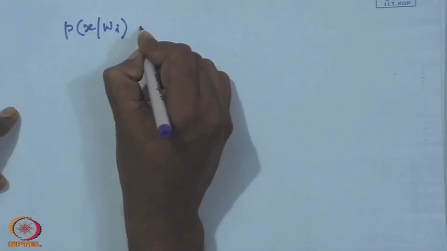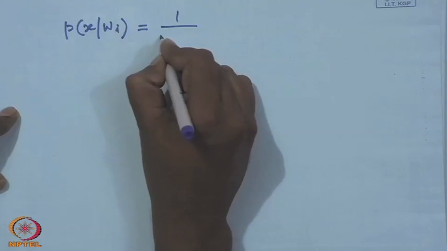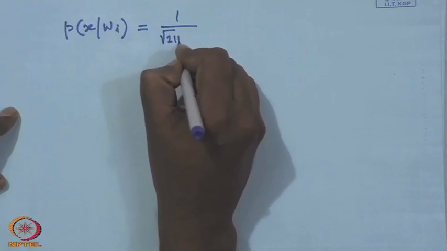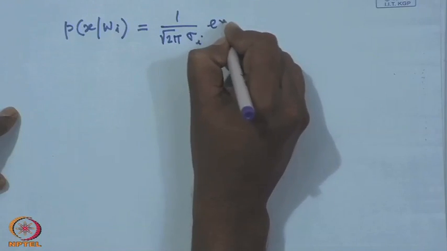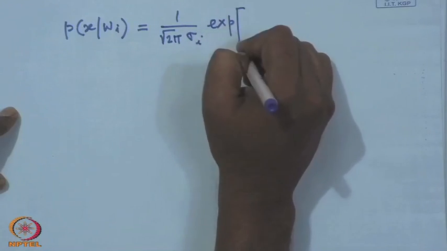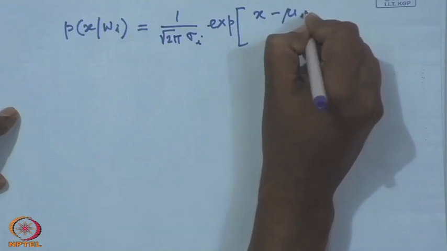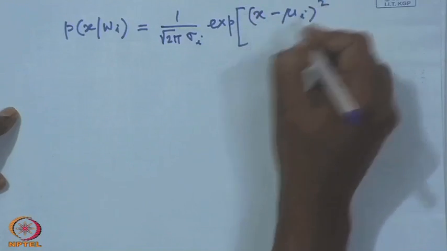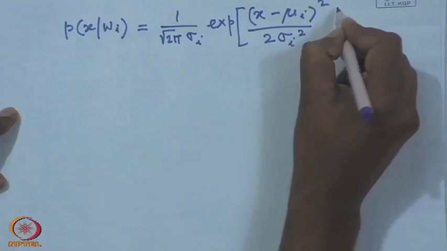The expression of p of x given omega i will be similar: 1 upon square root of 2 pi into sigma i, exponential of minus x minus mu i square upon 2 sigma i square.